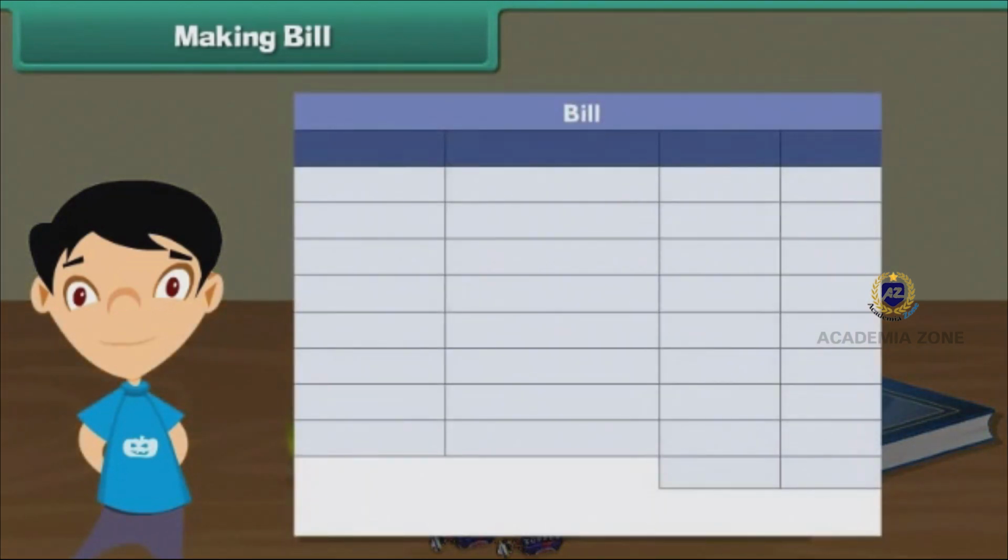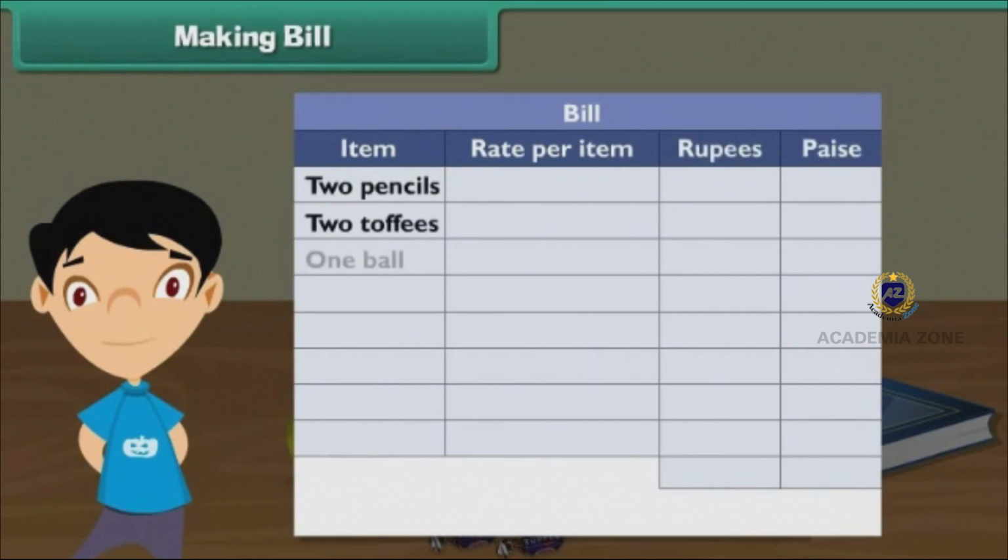Make 4 columns: item, rate per item, rupees and paise. Under the item column, write the names of the different items purchased.